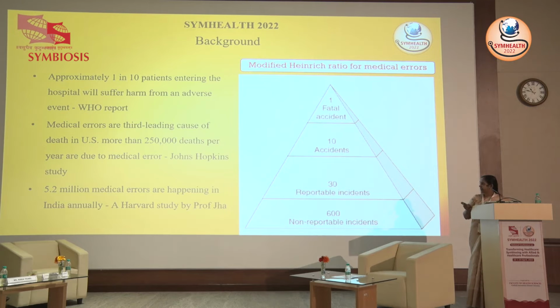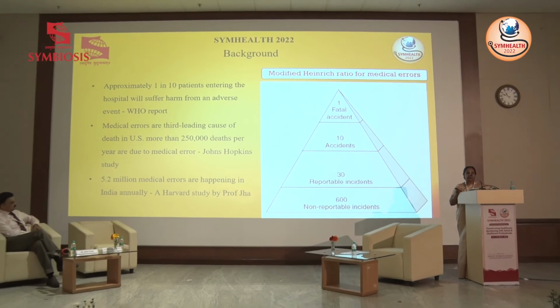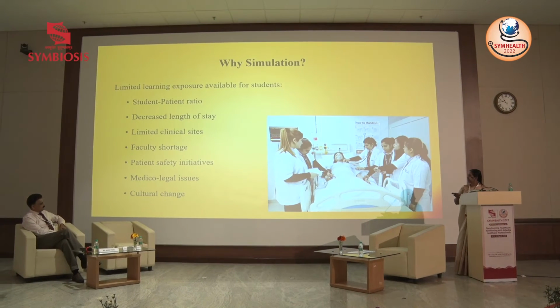That's the WHO. And the Johns Hopkins study tells that in the US, there are more than 250,000 deaths per year just because of medical errors. And a Harvard study by Professor Jha says that 5.2 million medical errors are happening in India annually. That's a huge number. So we try to reduce them.